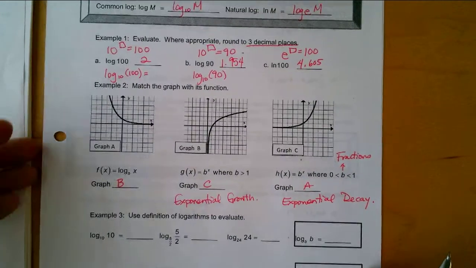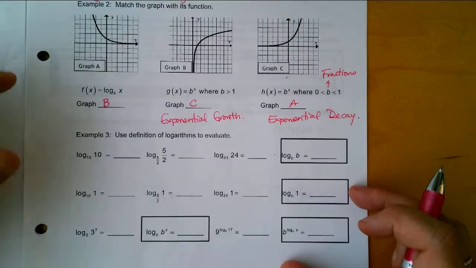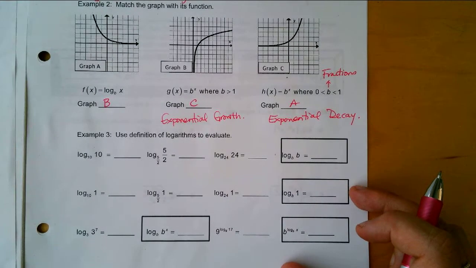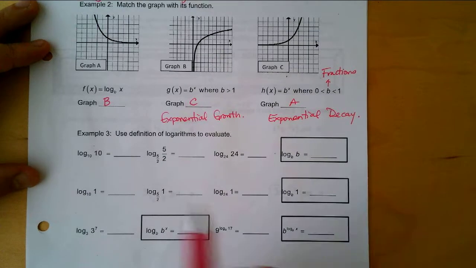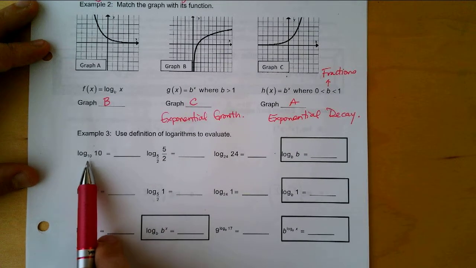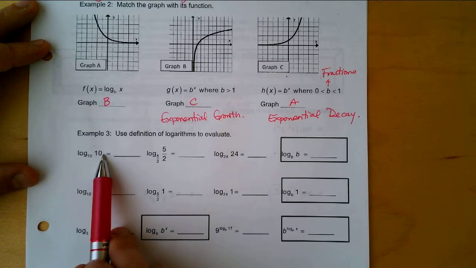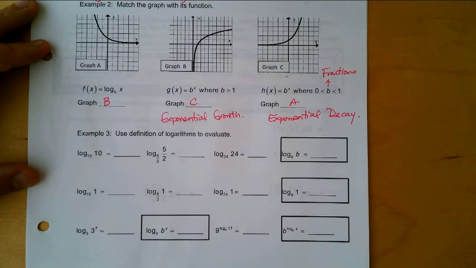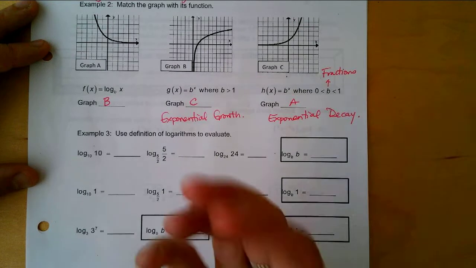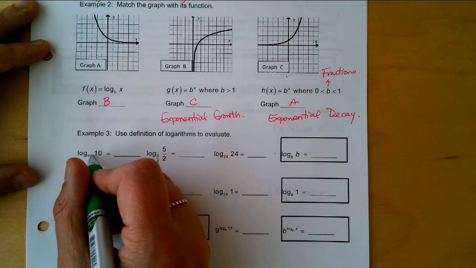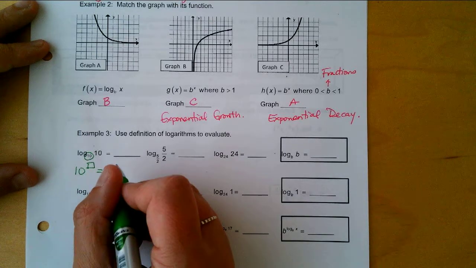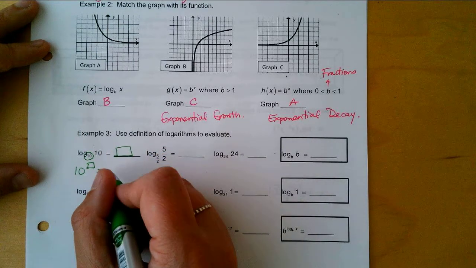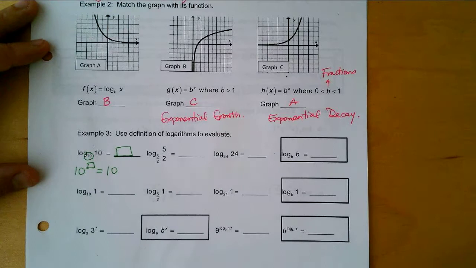Now let's look some more at some of the properties of logarithms, and we might start to see some rules emerging here. So for the first line here, this says log base 10 of 10. Now, if we go back to that idea of exponential form, this is saying base of 10 to what power is equal to, and this is the power here, is equal to 10.